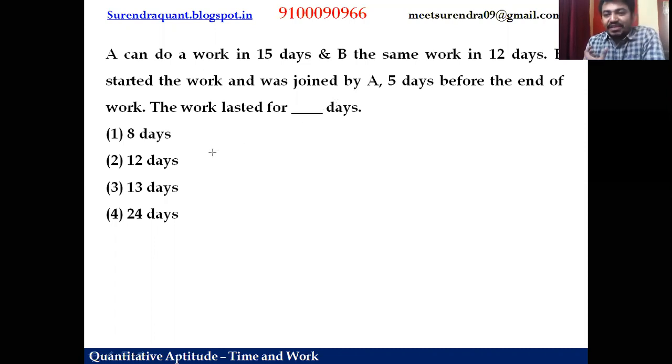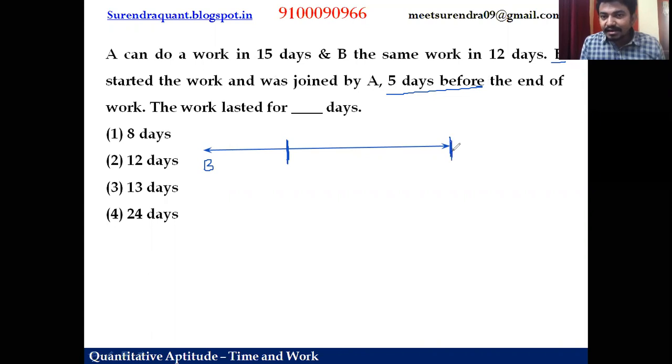Let us make a situation. Always try to represent the data by using a small diagram so that it gives a perfect idea for us. This is the work to be done. In this, who started at the beginning? B started the work. He worked for a certain number of days, and then he thought that the work cannot be finished within the stipulated time, so he is taking the help of A. When he is taking the help of A, 5 days before the end of the work.